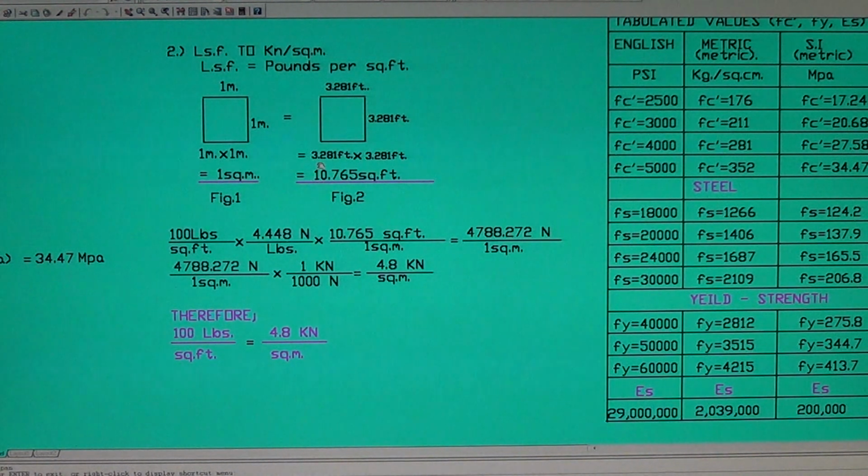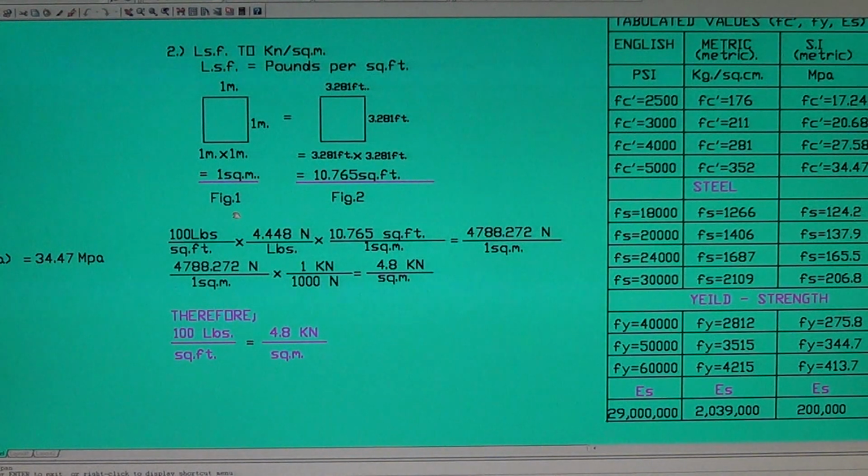Now the equivalent of that is 3.281 feet times 3.281 feet. It gives you 10.765 square feet. That's the equivalent of 1 square meter. Alright, so now you gotta use that to convert the pounds per square foot to kilonewton per square meter.